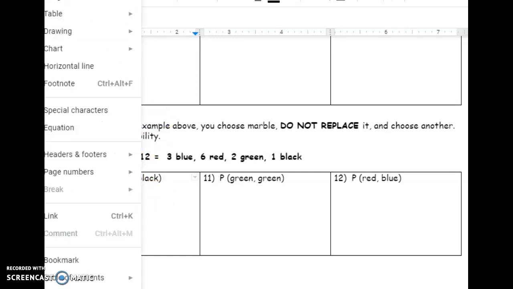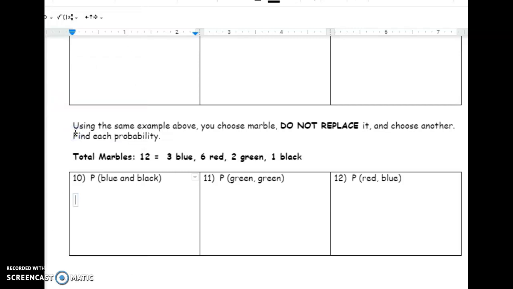Let's put our fraction, because we know every probability you have to represent as a fraction. We have how many blue marbles? 3. So 3 blue marbles, let me put the fraction, over 12 total, times. Now from the bag of 12 marbles, I took out a marble, which was blue.